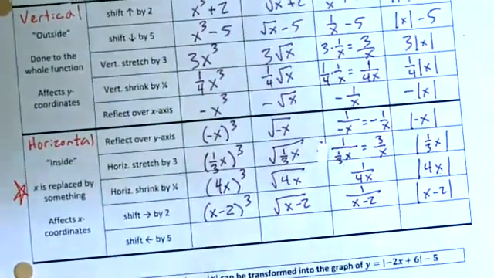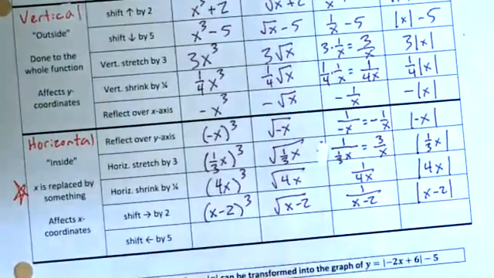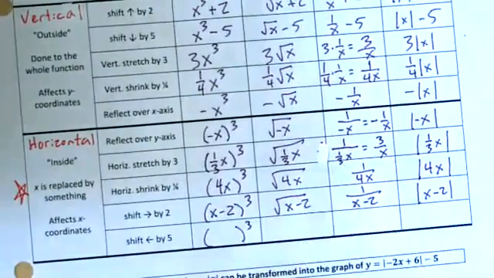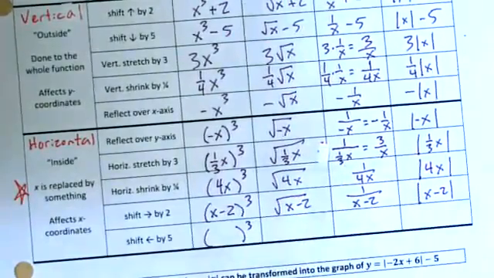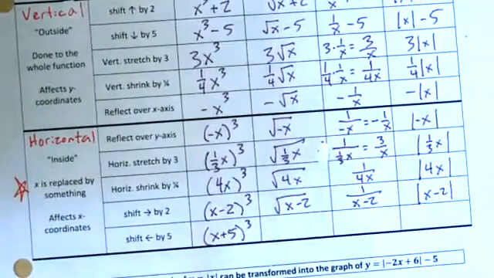All right, and then to shift to the left, instead of doing a minus, we do a plus. So here's my cubic function. I've pulled out my x. In my head, I'm taking that x, doing plus 5, and putting it back in place of the x.